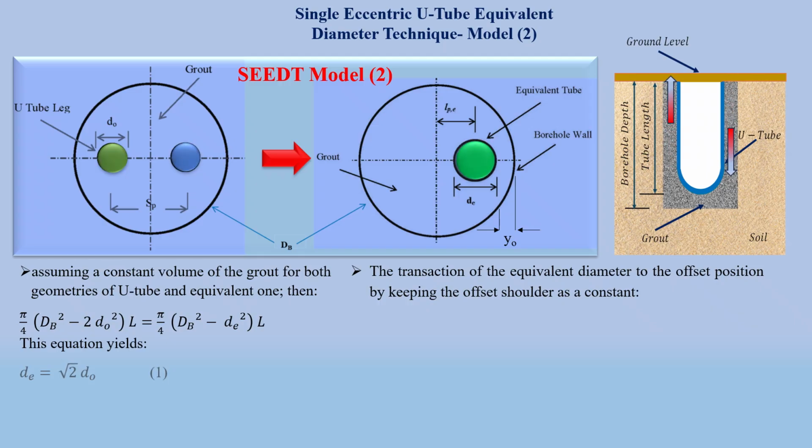That corresponds to a value equal to u naught, y naught, and y naught, as presented in equation 2.